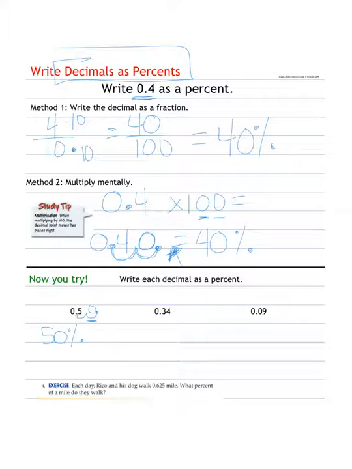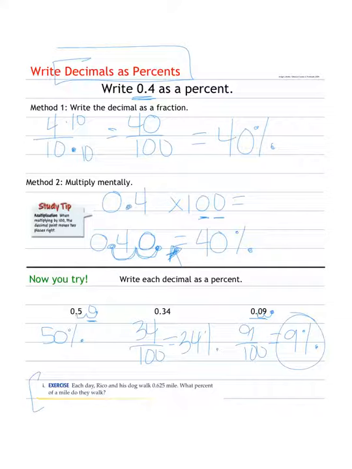So if I wrote 0.34 as a fraction, I would have 34 hundredths, which is the same as 34%. Here I have 9 hundredths, which is the same as 9%. Or I could take my decimal and go 1, 2, and I would end right after the 9, which would also be 9%.